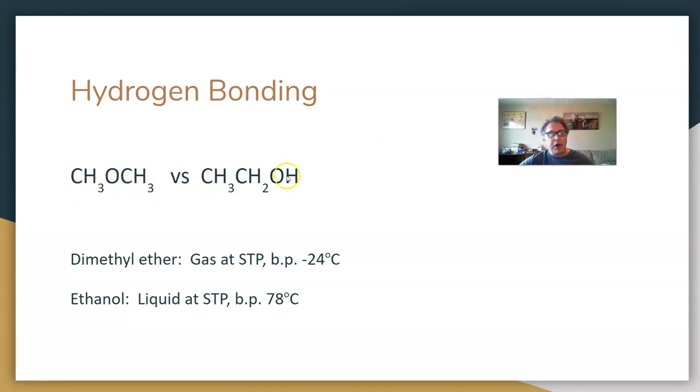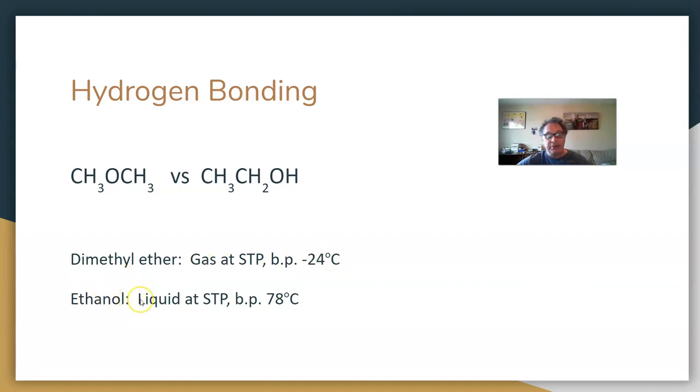Here I have 2 molecules, dimethyl ether and ethanol. Dimethyl ether is a gas under standard temperature and pressure, and boils at minus 24 degrees Celsius. So it is a gas all the way down to minus 24 degrees Celsius, at which point it liquefies.